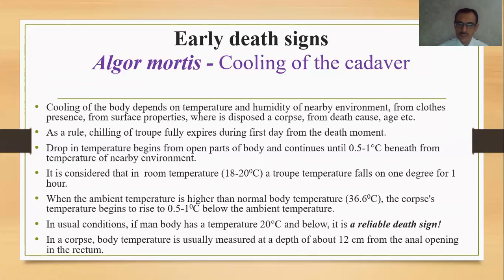In unusual conditions, if a body has a temperature of 20 degrees Celsius and below, it is a reliable death sign. In a corpse, body temperature is usually measured at a depth of about 12 centimeters from the anal opening, in the rectum.